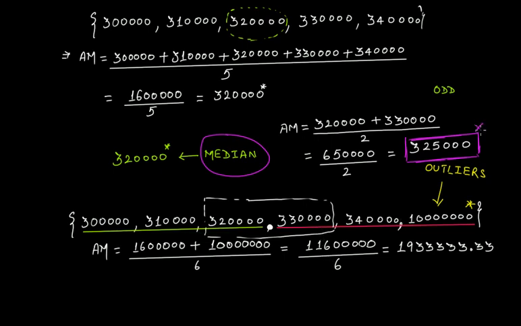So this median 3,25,000 is the average in this case. If you use arithmetic mean where an outlier is present, that is an extremely large value, your outcome will be swayed, knocked off. So we learn using a real life example the importance of median over arithmetic mean while calculating average.